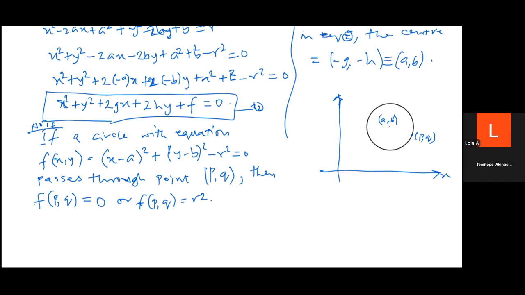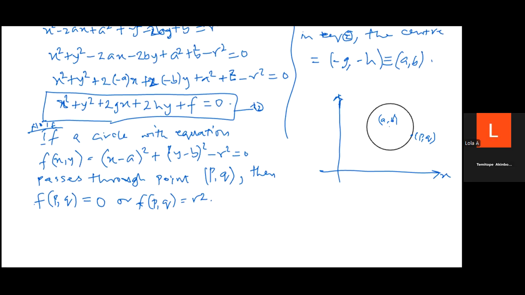You substitute P for x and Q for y and simplify, and it will give you 0, or the value of r squared. If you write it the way I've written it here, it will give you 0. If you write it as (x minus a) squared plus (y minus b) squared equals r squared, then substituting P and Q gives you r squared. Is that clear?